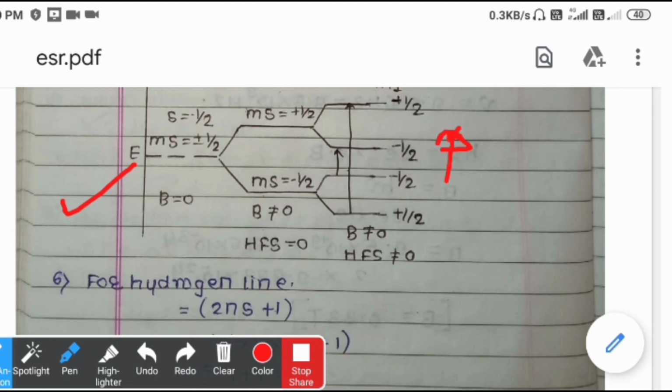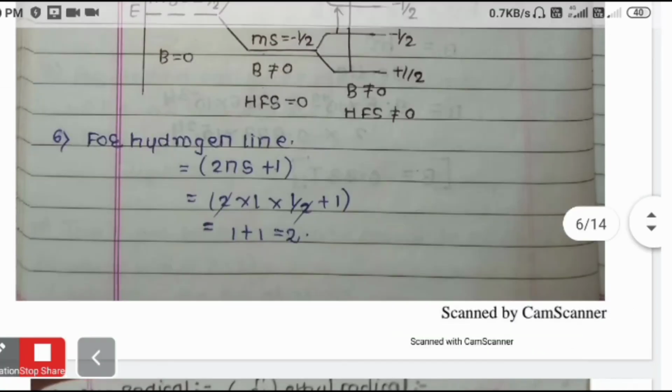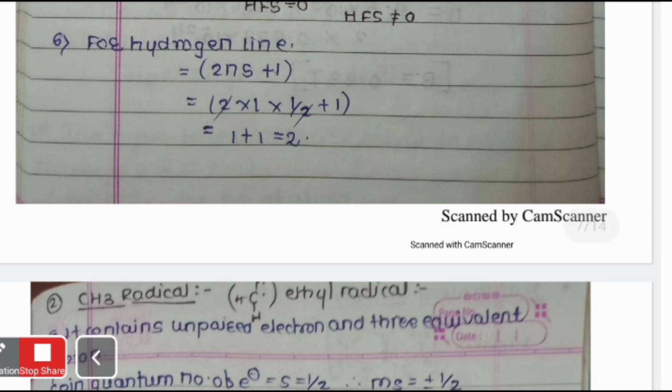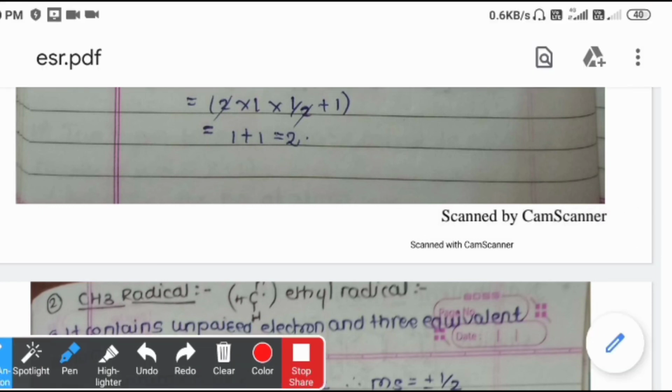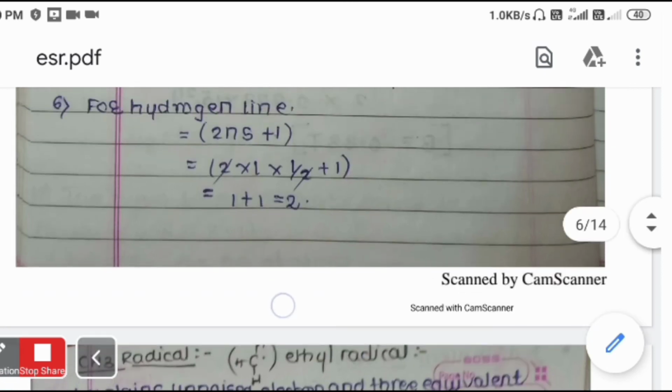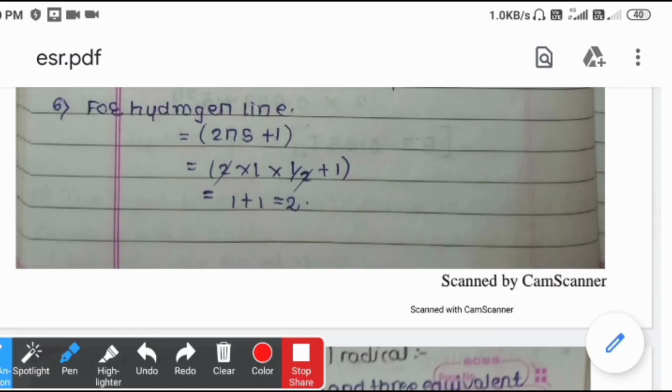But suppose we have been asked only an MCQ type of question, like how many lines are there in the ESR spectrum of hydrogen. Then we can directly calculate that value by using the famous formula, 2NI plus 1. We can use this formula directly.